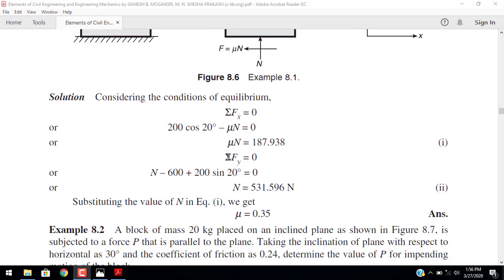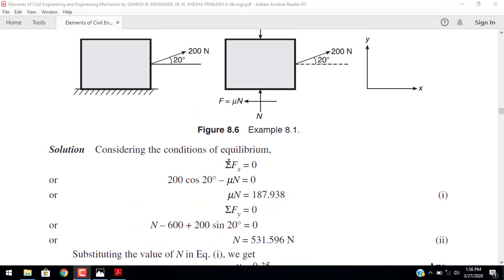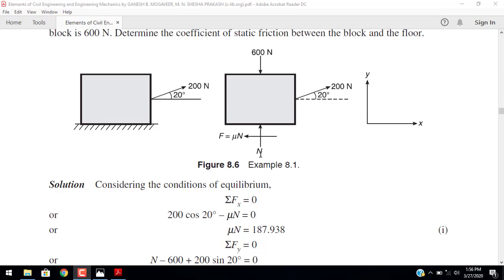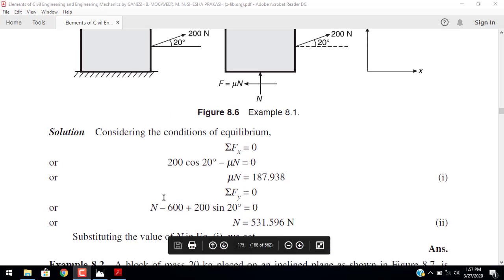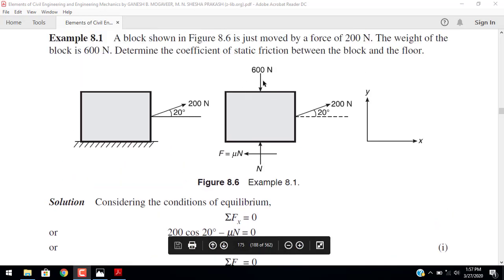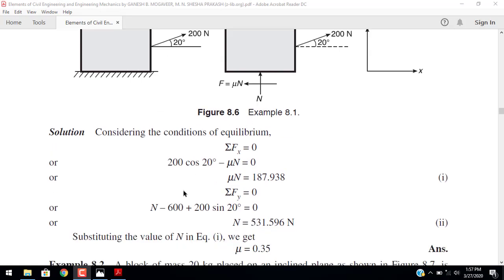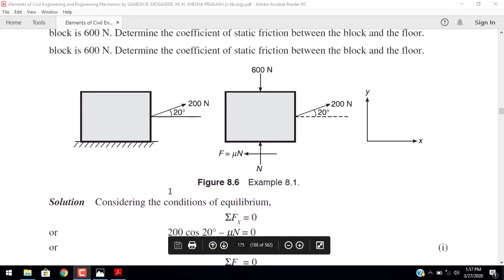Next, applying the condition of equilibrium along the y-axis, sigma Fy equal to 0. Which are all the forces acting in the vertical direction? First is the normal reaction N acting in the upward direction, so N is taken as positive. Next, 600 Newton acting in the downward direction, so it will be taken as minus 600 Newton.